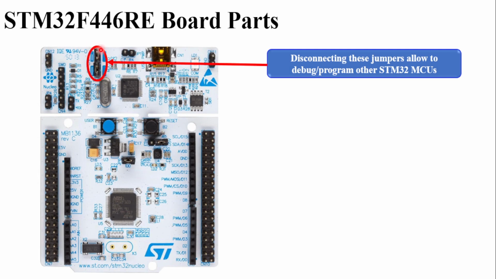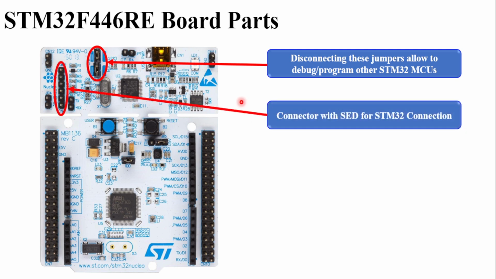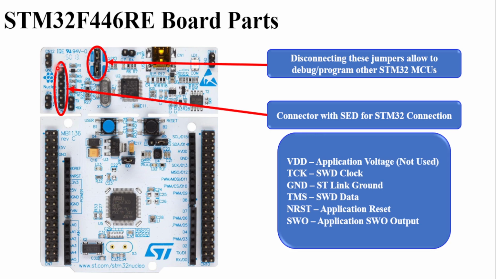Remember, there are two jumpers here. By disconnecting these jumpers, we can disconnect the debugger from the microcontroller in the center, and we can use only this debugger section to program any other microcontroller which falls in the STM32 family. For programming the external microcontrollers, we can use these lines. The details of these programming techniques are available in the reference manual.